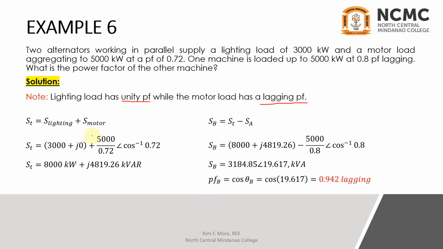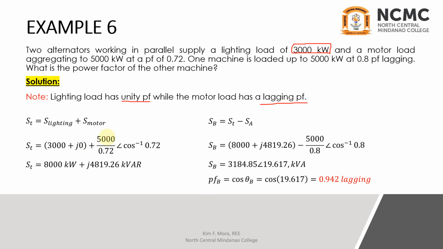So first, let's find the total apparent power of the lighting and the motor. For the lighting, since its power factor is at unity, the apparent power is equal to that 3,000, times 1 because it's unity, plus j0.